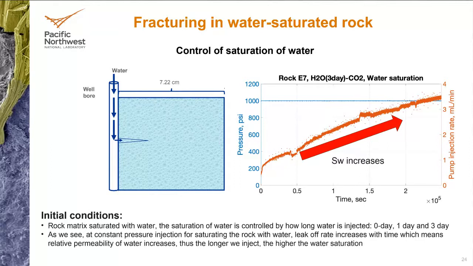It's a 2% porous rock, and water flows at 1 milliliter per minute, and after 2 or 3 days you get close to 3.5 milliliters per minute, which is a typical leak off of water into highly low porosity rock samples. I don't know if I answered the question.